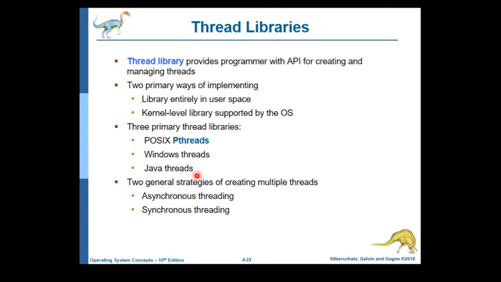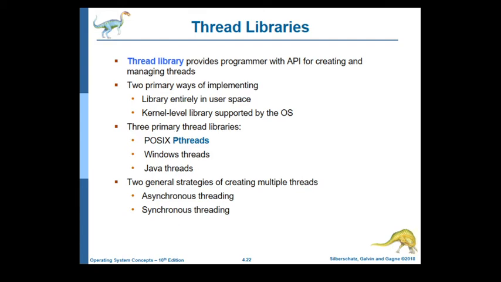The last one, the Java Threads API, allows threads to be created and managed directly in Java programs. However, because in most instances the JVM is running on top of a host OS, the Java Thread API is generally implemented using a thread library available on the host system.